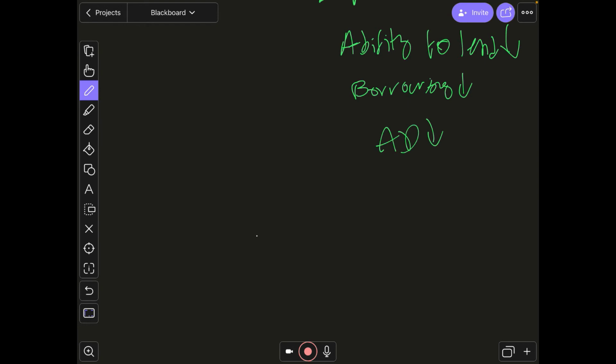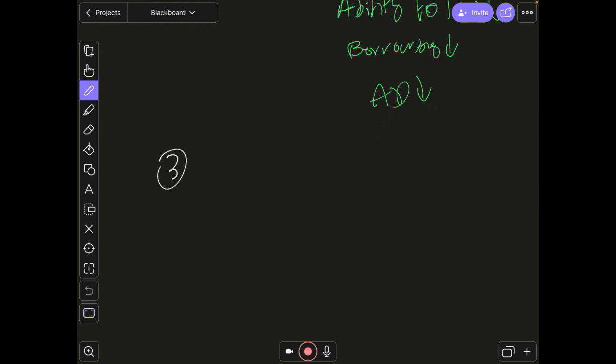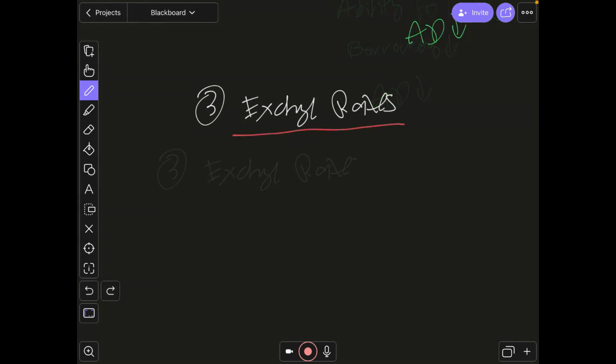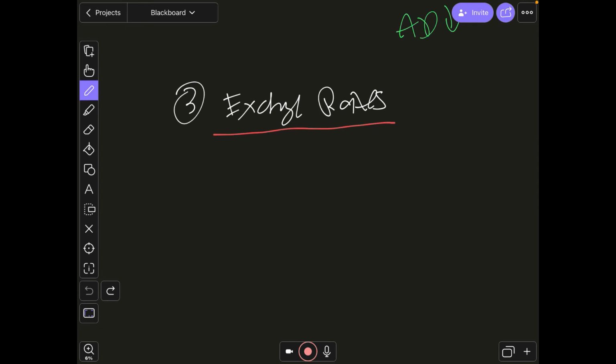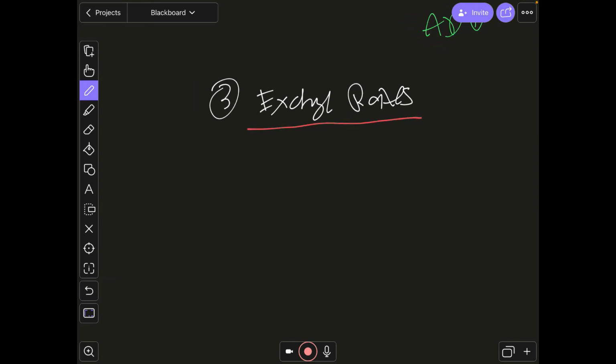Moving on to the last tool of monetary policy, which is exchange rates. Right, so the third tool of monetary policy is exchange rates. Well, exchange rates, as the name suggests, is the rate of exchange. But of what specifically?